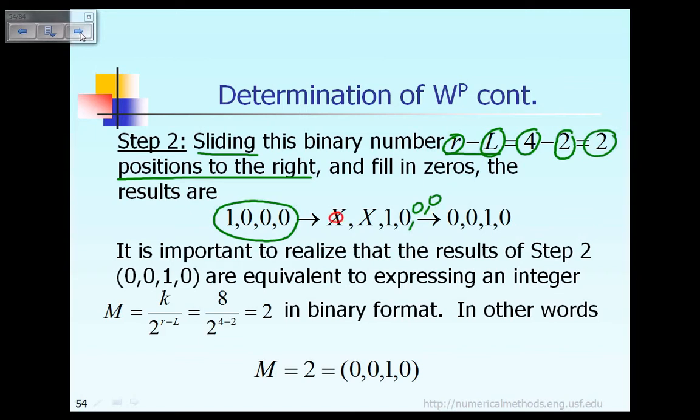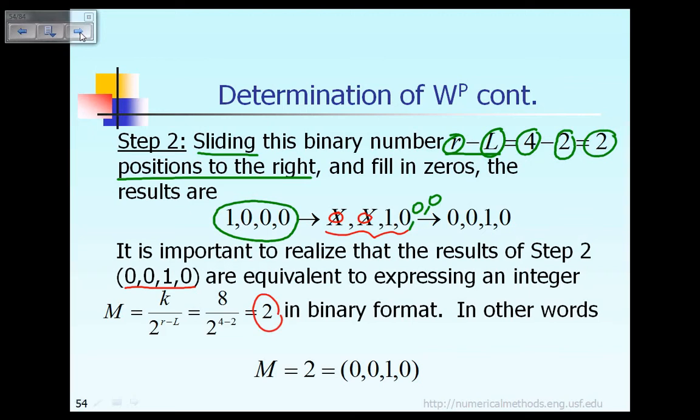So let's say put a 0 here and a 0 here. So after you slide by 2 positions to the right, the number 1000 will now become 0010, which I showed here. But that number 0010 corresponds to the value of 2.